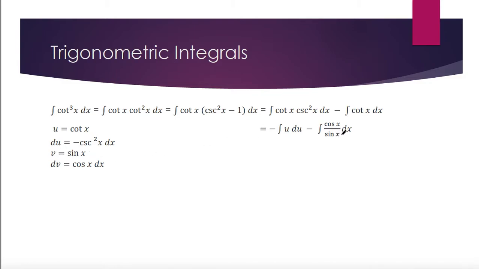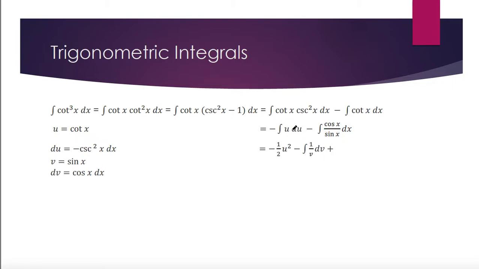The general rule of thumb is when you see a fraction of two functions, the function in the denominator will be the v variable, the new substitution here. So we're assigning the sine x as the v, and the dv is going to be cosine x dx, which is great. That's exactly what you have in there.